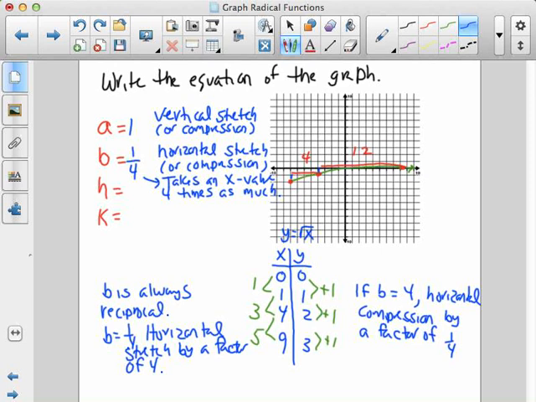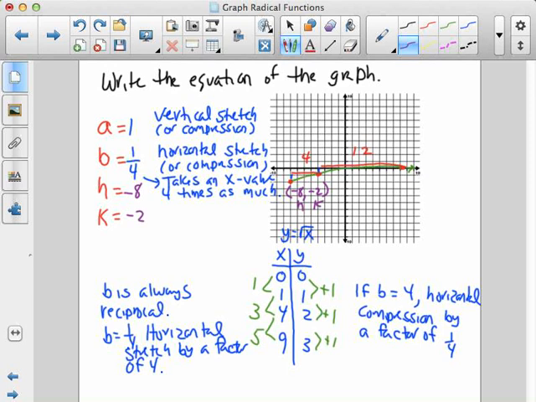All right, so now we got our A, we got our B, we need our H and our K. So H and K is given away by our endpoint here for the square roots. And that point there is -8, -2. So that's our H and that's our K. So negative 8, negative 2.